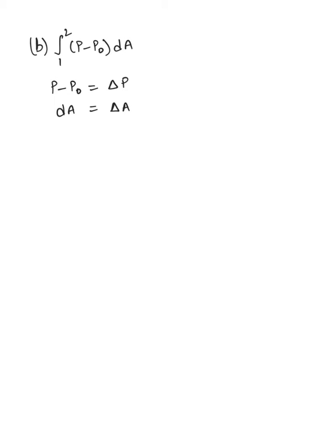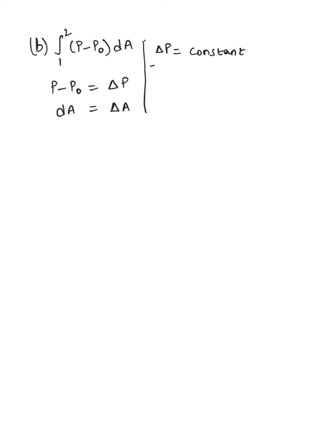If you look at this problem in a closed manner, delta P can be treated as a constant and can be taken out of the integral, leaving us with a constant value of integration with respect to dA.